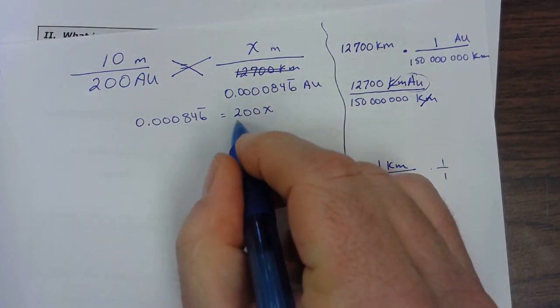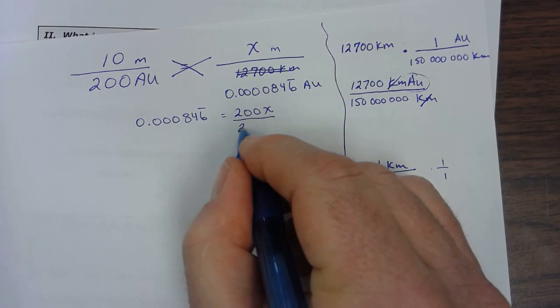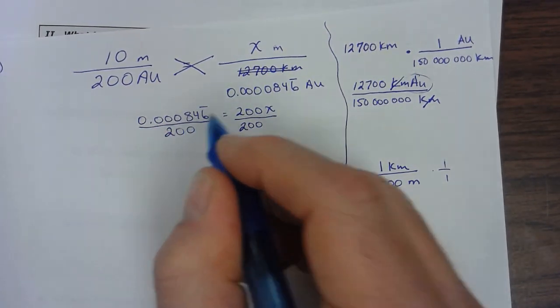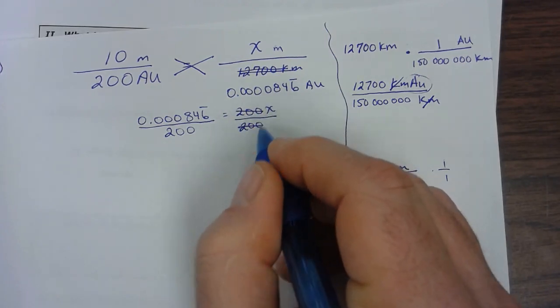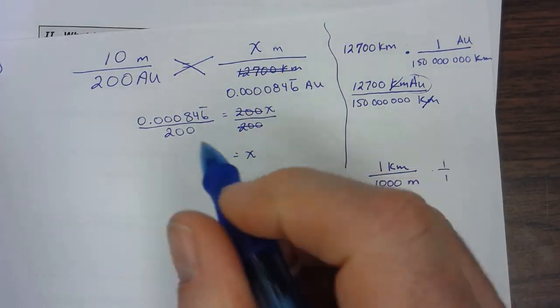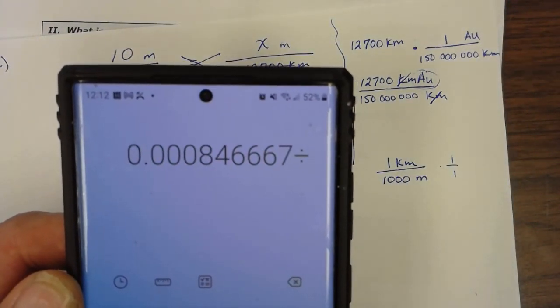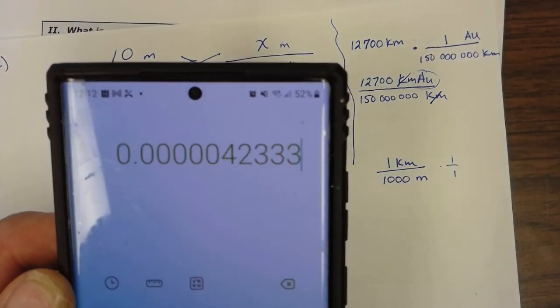Same as all the other questions, we're going to divide by the coefficient out front. So that'll be divided by 200, and then I've got to do it over here as well. These will cancel out, leaving only x. So then I'm left to divide this number by 200.